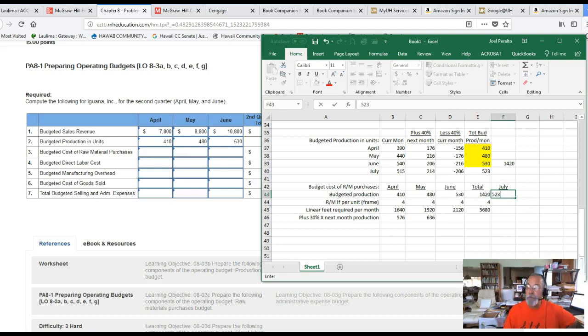This is 523, 4 feet. So D45 times 0.3. So this needs to be plus F45, that's July linear feet production. Times 30%.